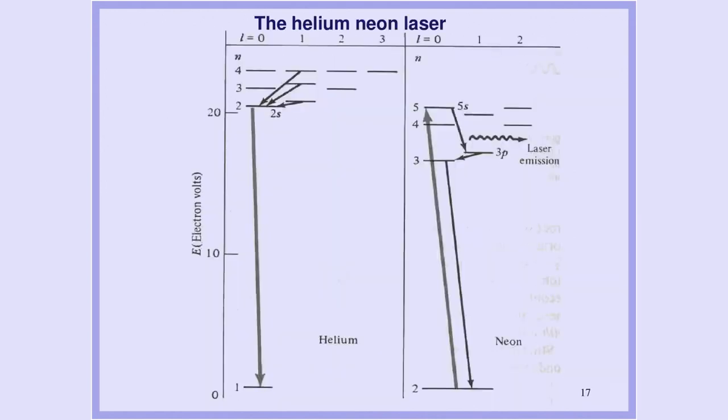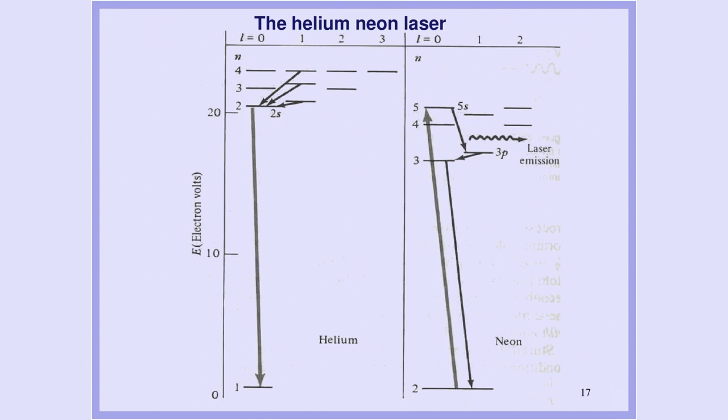The helium and neon atoms have filled n equals 1 and n equals 2 electronic shells respectively. When these atoms are excited, the electrons must return to a 1s state in helium and to a 2p state in neon to re-establish the ground state.